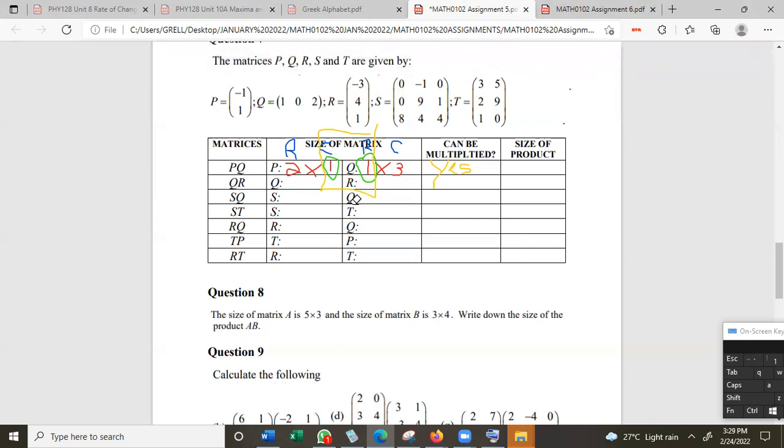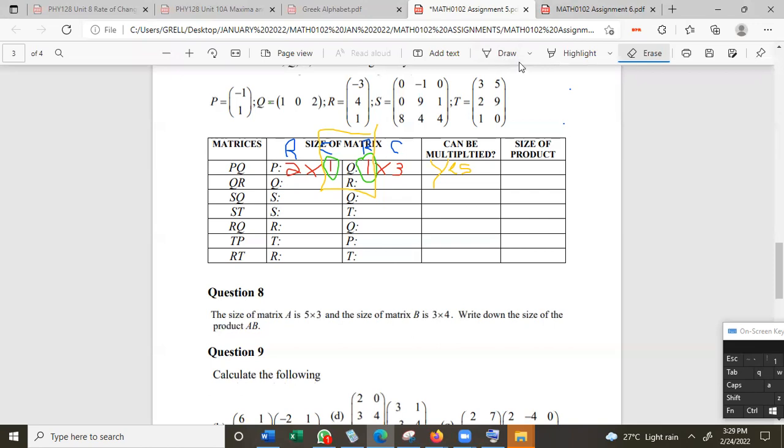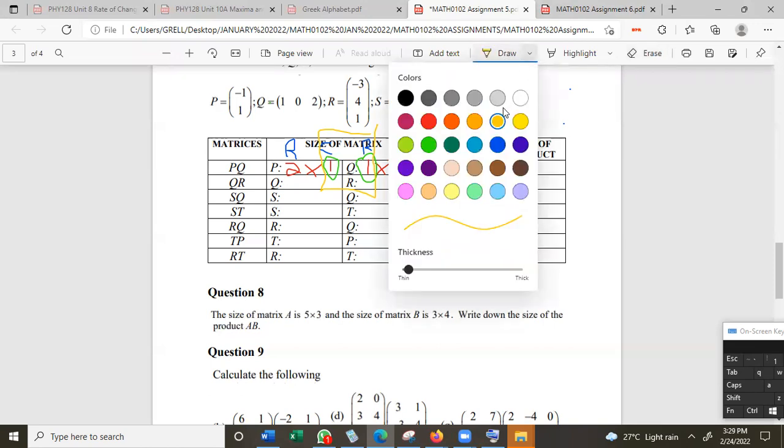Okay, now you look at those 2 inner numbers. 1 and 1, yes, multiplication is possible. What about the size of the product? Look at those 2 outer numbers now. Look at those 2 outer numbers to get the size of the product.